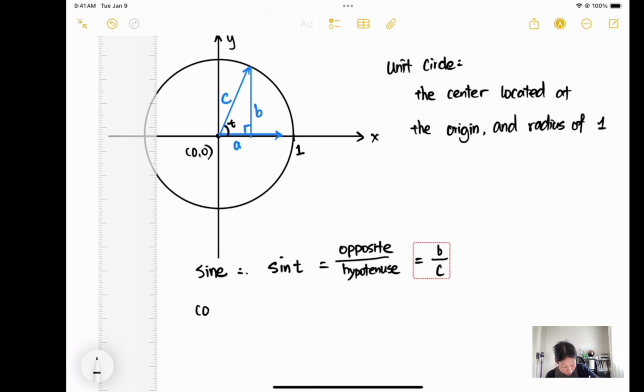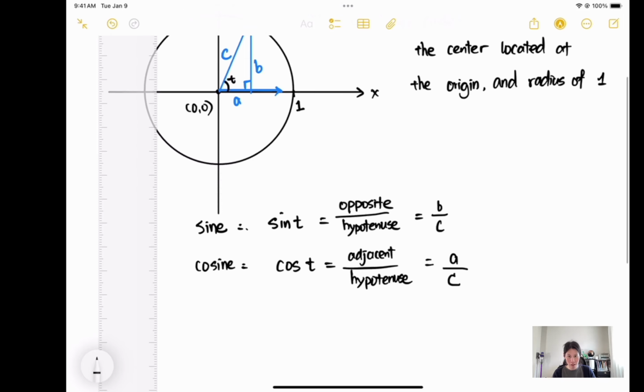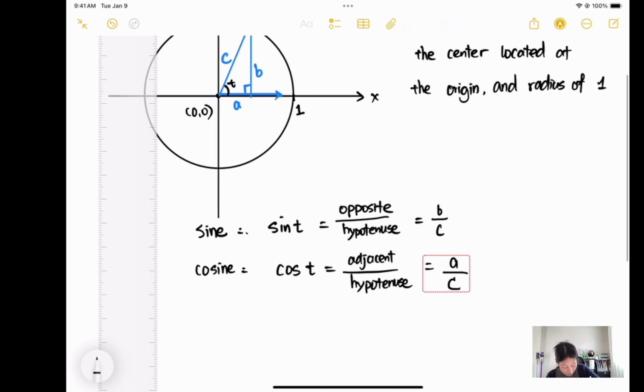The definition of cosine: we use cos, and it equals the adjacent side over the hypotenuse. The adjacent side of t should be A, so it would be A over C. Okay, the next is tangent.